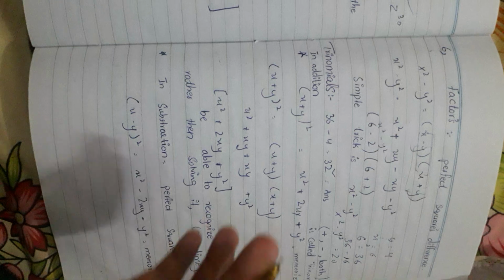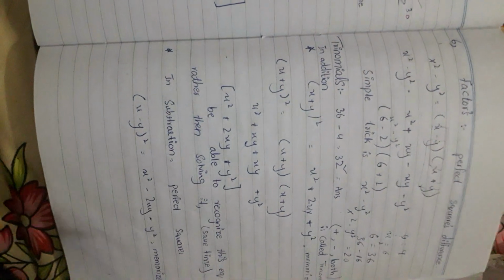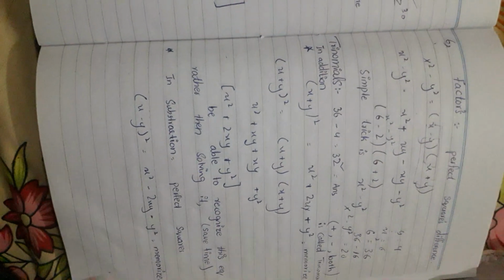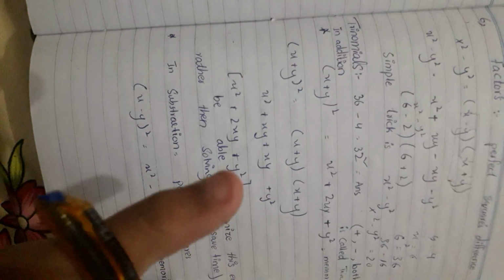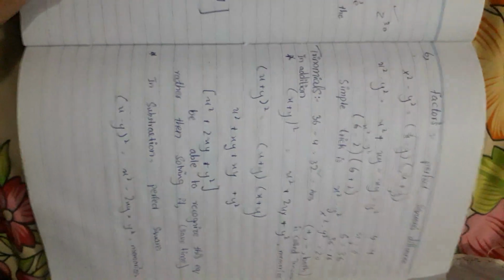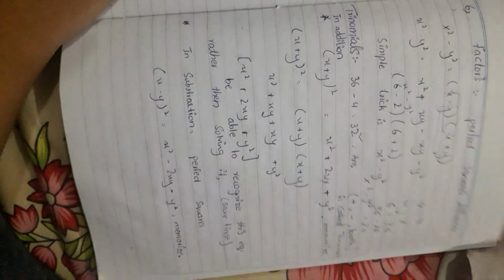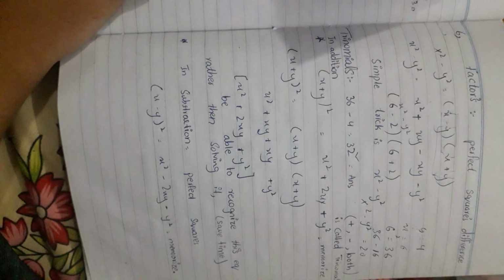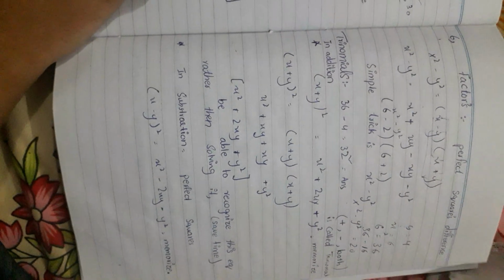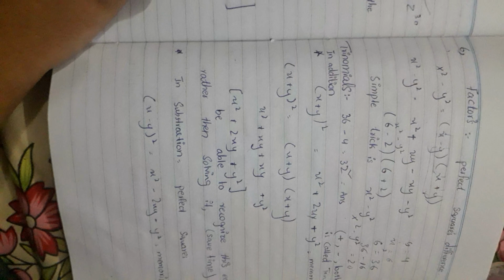If you ever get any type of typical question using trinomials, you can simply derive your own formula by putting only one equation in it, that is x square plus 2xy plus y square, or simply you can consider it as a square plus 2ab plus b square. That's how you define it. And please remember, be able to recognize this equation rather than just solving it, to save your time.